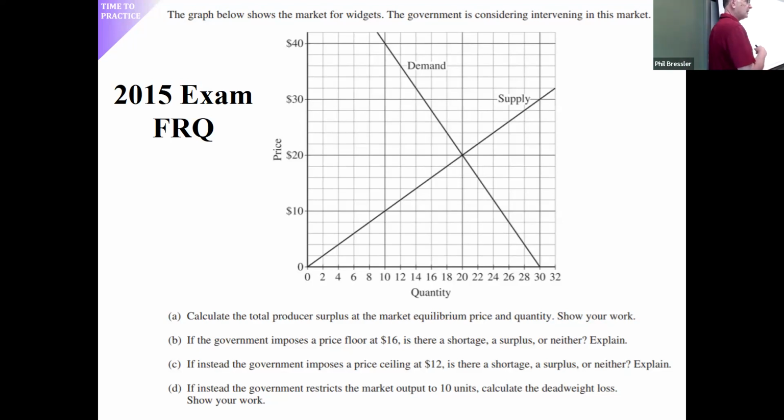In your packet, right? Is it easier to see up here though? Okay. How is this? Need your calculator, take your calculator out.